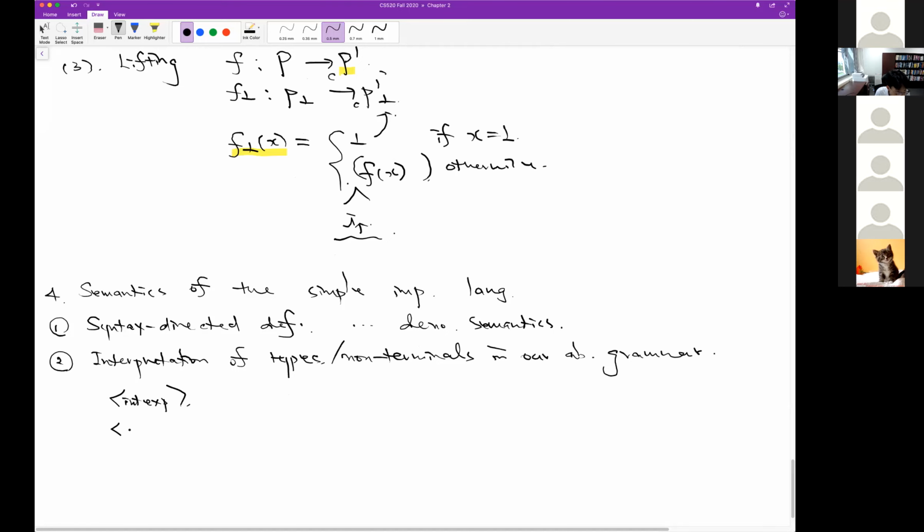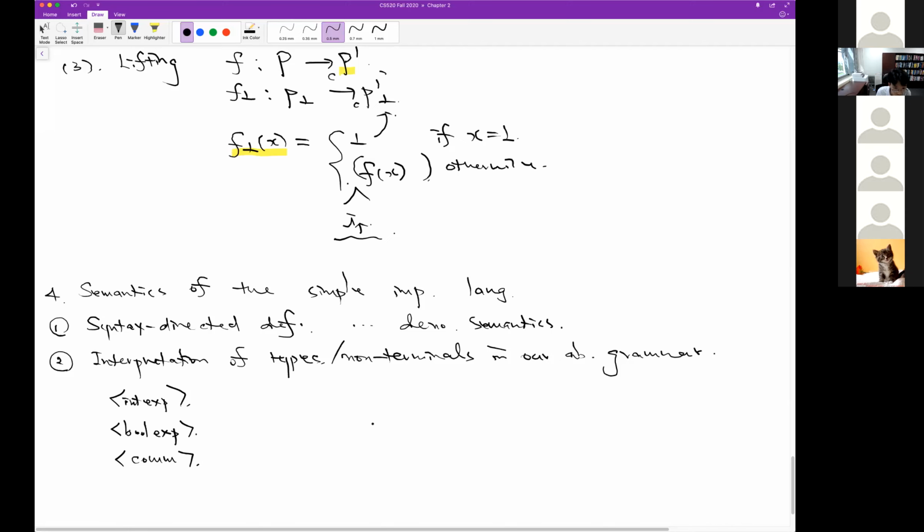Second, we have the Boolean expression. The third non-terminal was a command. So the important bit is to specify what kind of space we're going to use to interpret integer expressions, what space we're going to use to interpret Boolean expressions, and what about the commands.